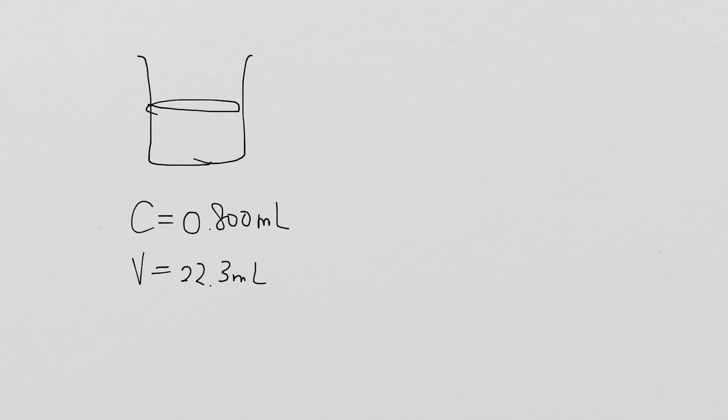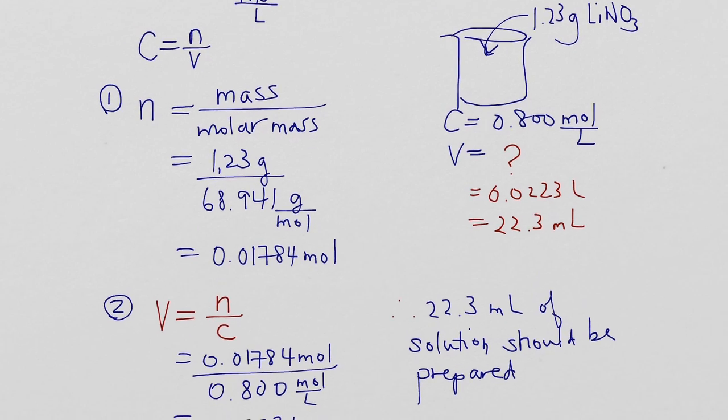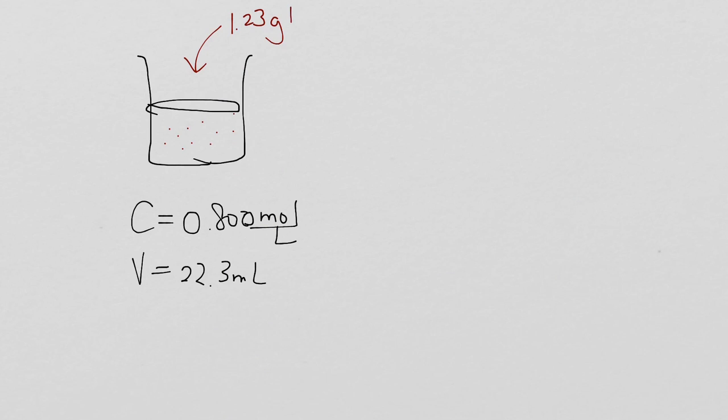And then we'll represent the solute by these dots that I'm drawing. Sorry, I made the wrong unit here. Let's try that again: 0.8 moles per liter. Okay. And to do this, you added 1.23 grams. Is it 1.23? Yes, 1.23 grams of lithium nitrate.